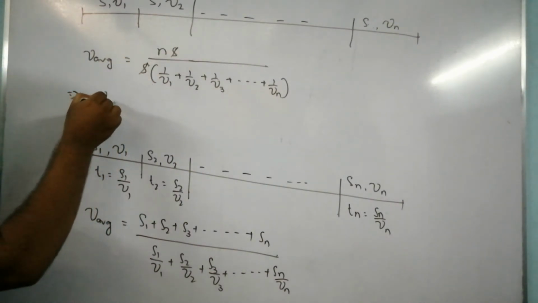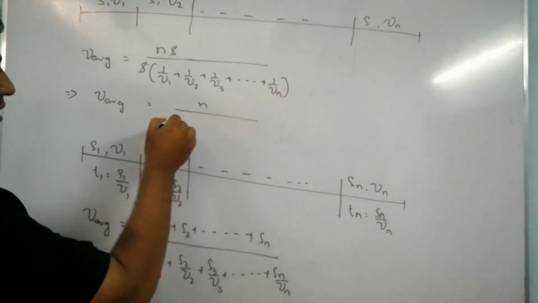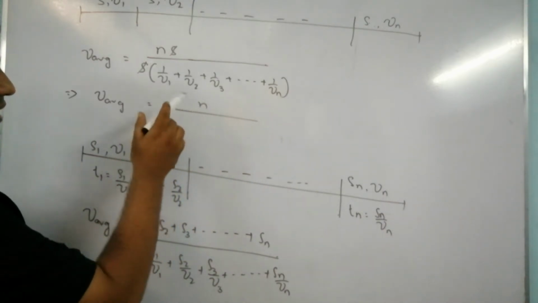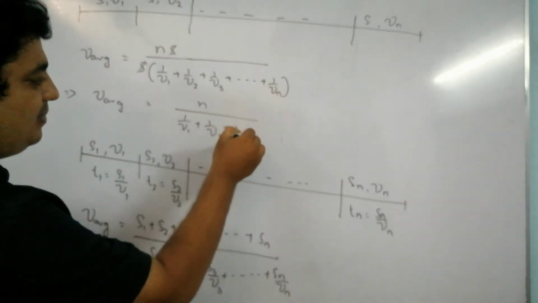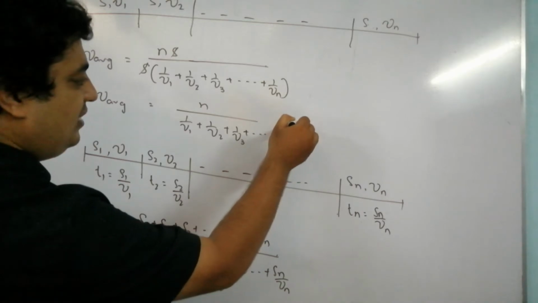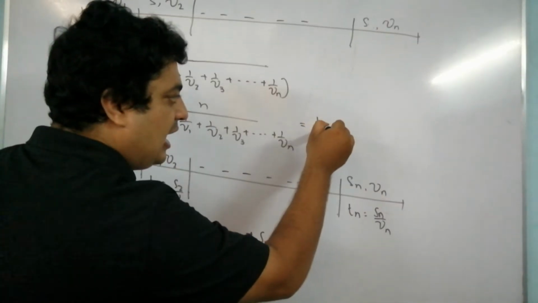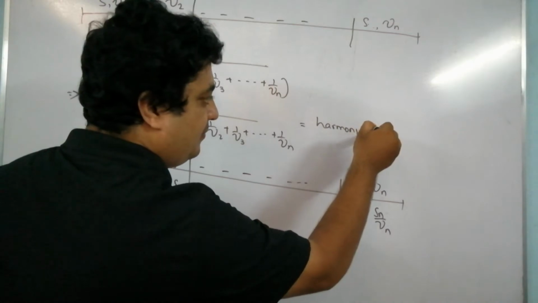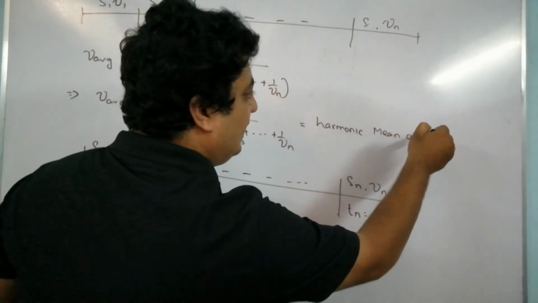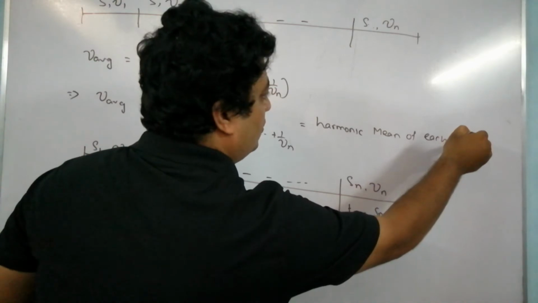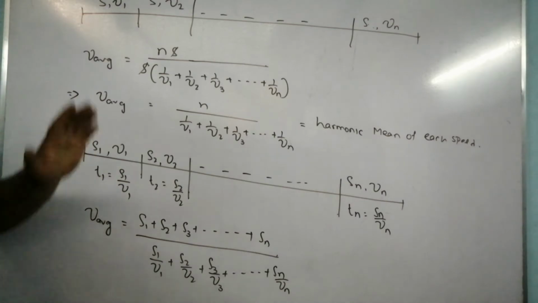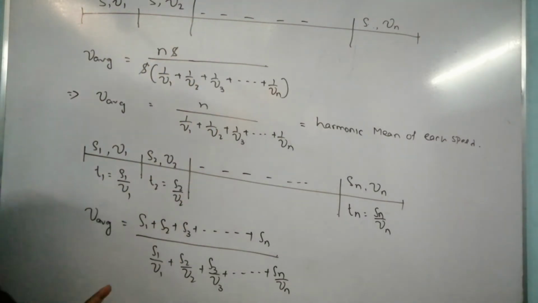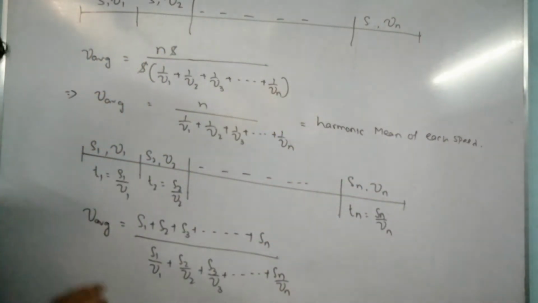Now v average equals n by (1 by v1 plus 1 by v2 plus 1 by v3 up to 1 by vn). This is called the harmonic mean of each speed. So, if a particle covers equal distances with unequal speeds, then its average speed will be the harmonic mean of all speeds.